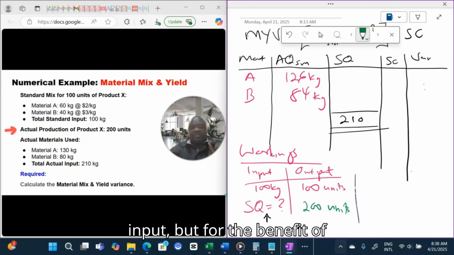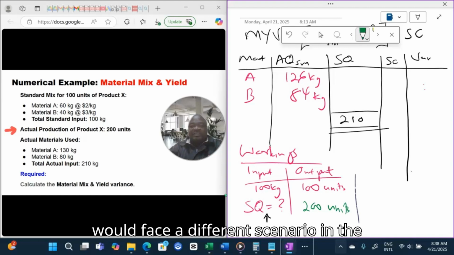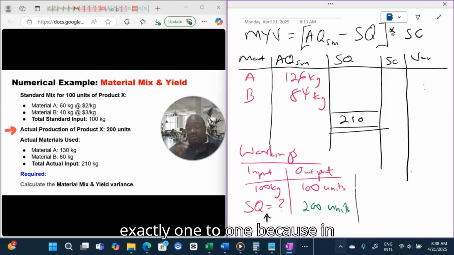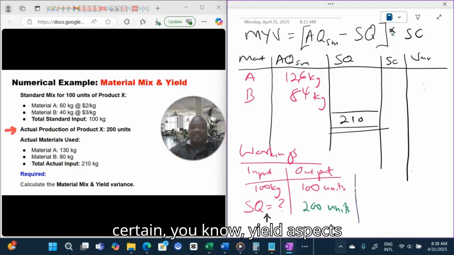But for the benefit of us and others who would face a different scenario in the examination where the ratio is not exactly 1-to-1, because in reality, normally there are aspects to do with normal losses and so forth. So it is not really going to be 1-to-1, or sometimes owing to certain yield aspects.